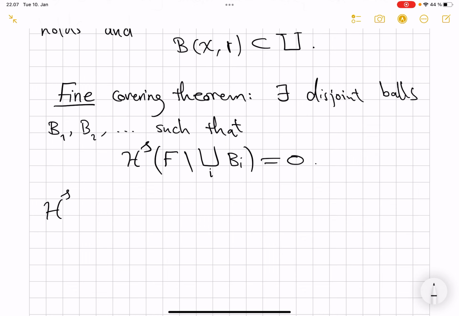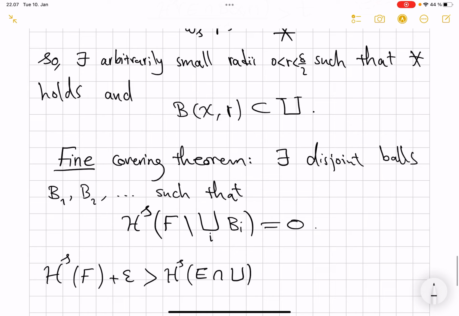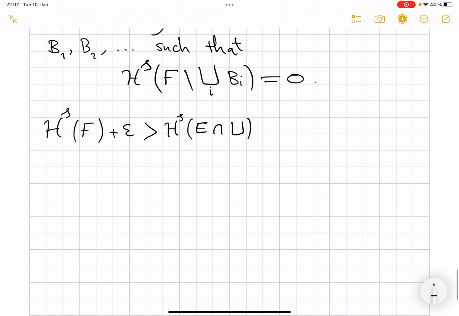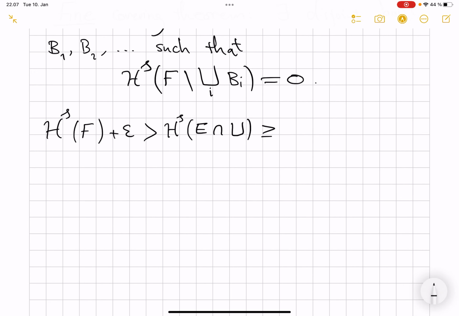We want to estimate H^s of the bad set F. So let's add this epsilon. This will be bigger than H^s of E intersection with U. This is what we had done in the choice of the set U. But then this is less than the sum over i of H^s of E intersection with B_i, this disjoint collection of balls.